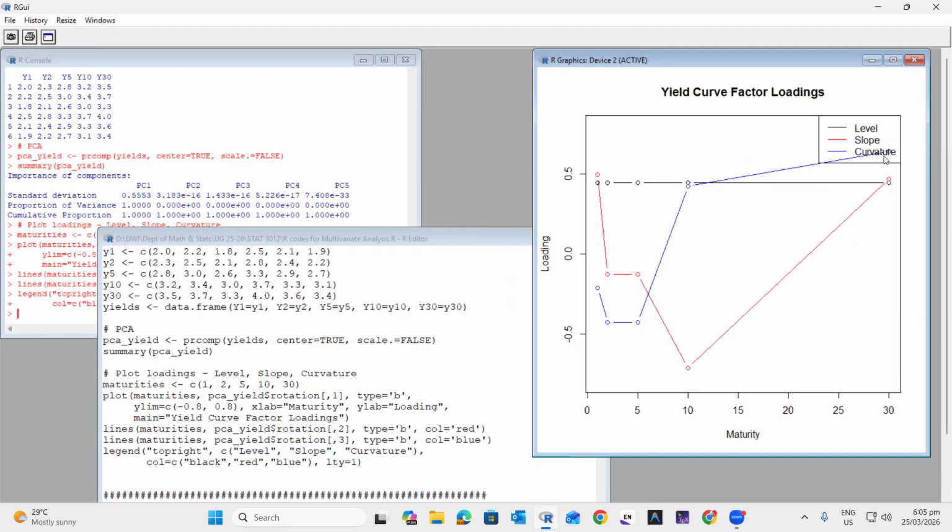So these three factors are foundations in fixed income portfolio management. In practice, roughly 90% of yield curve movements are explained by the level and slope. This graph basically shows why three factors suffice for yield curve analysis.